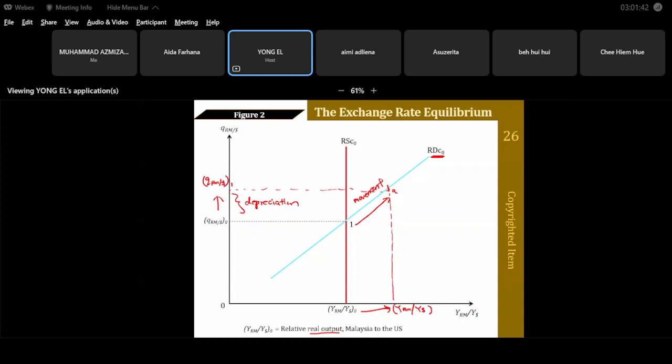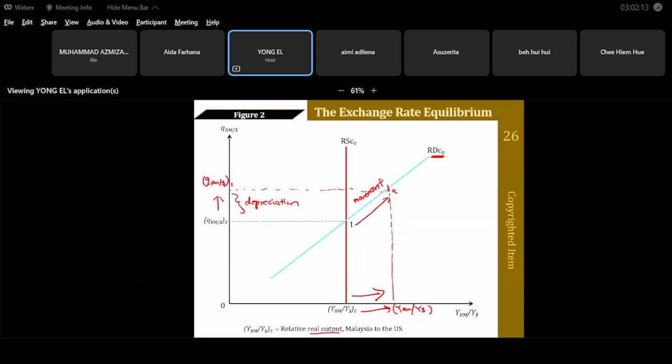Hence, if our exchange rate depreciates like this, the US dollar becomes stronger against the Malaysian ringgit, and people from the US will be able to buy more output from Malaysia. That also explains why the demand for output in Malaysia relative to the US increases like this, because it becomes cheaper when the real exchange rate depreciates against the US dollar.